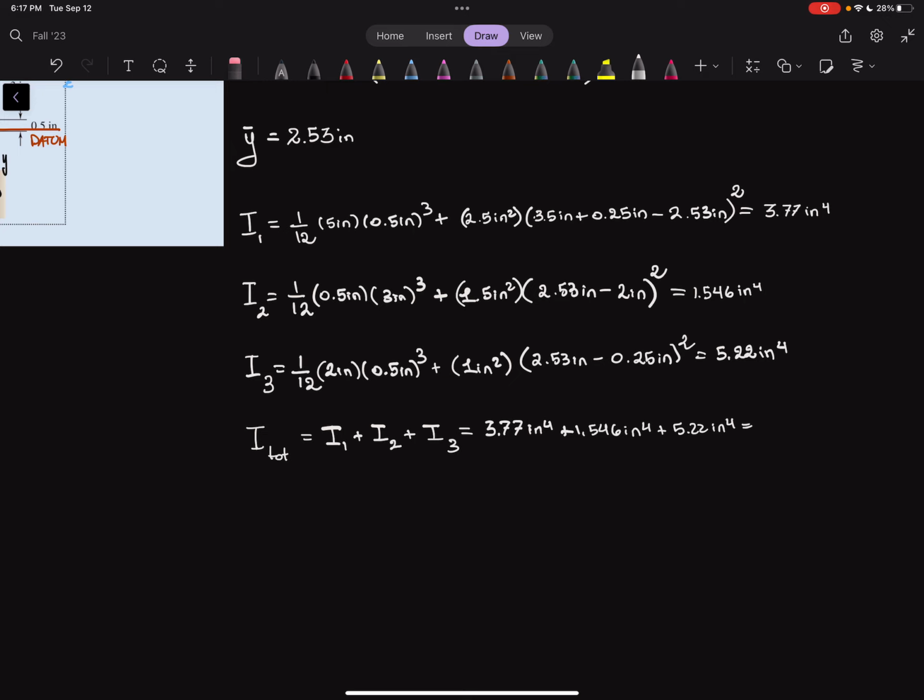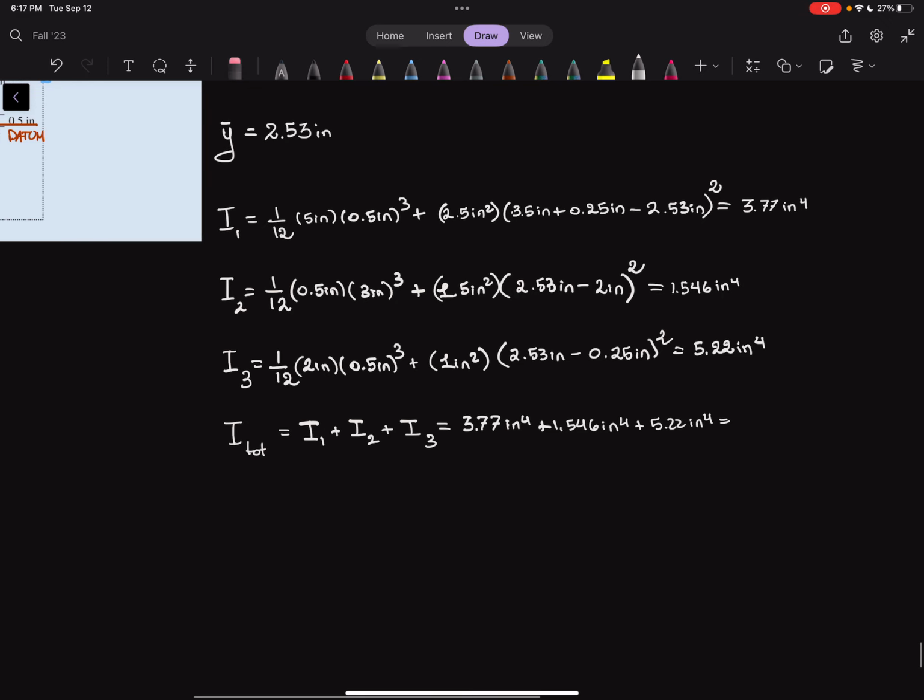Well, let me just plug it into my calculator. So it's going to be 5.22 plus 1.546 plus 3.77. And I get 10.54 inches to the fourth.